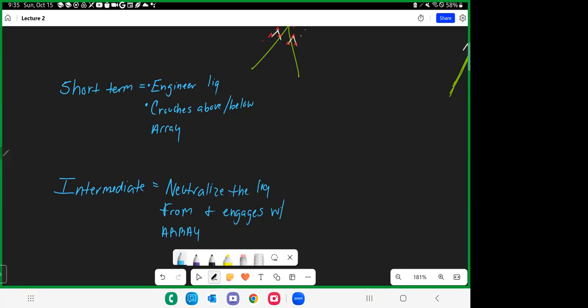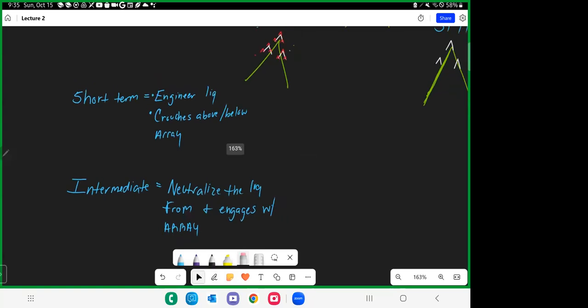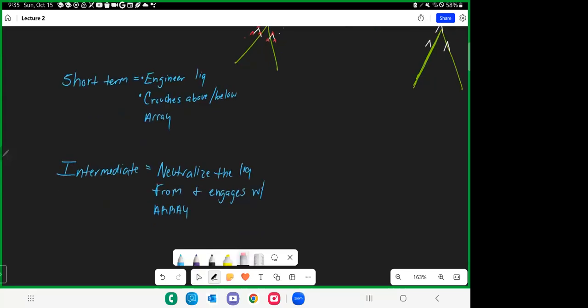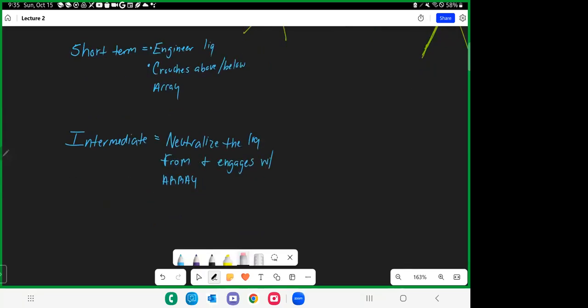What you'll find is that typically there's an array, price goes here, and you take that move, you're going to become the liquidity provider, and then you're going to see price run away. So we have short term, which typically engineers the liquidity and crouches above or below an array. And the intermediate term high neutralizes liquidity from the short term, plus it engages with the array.